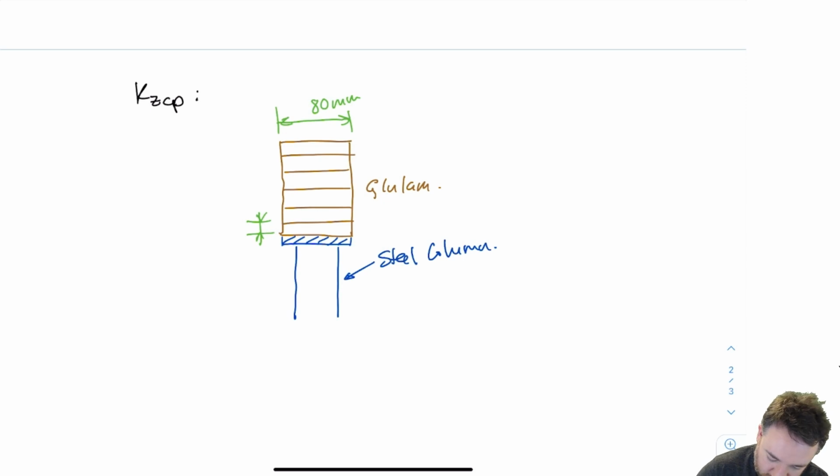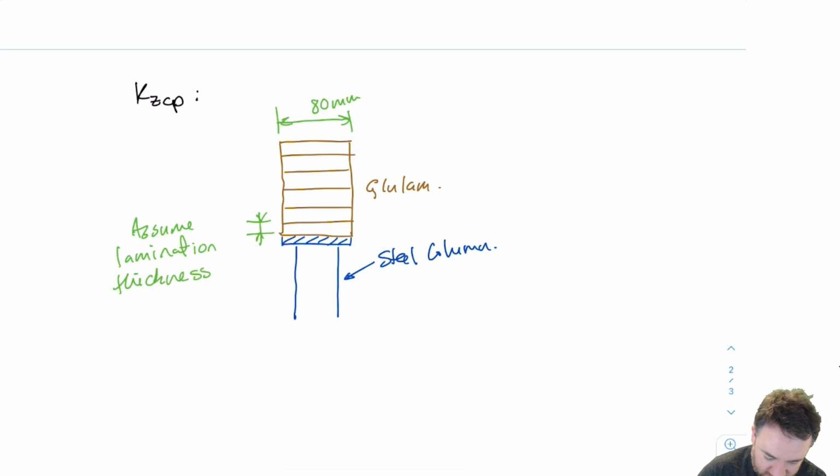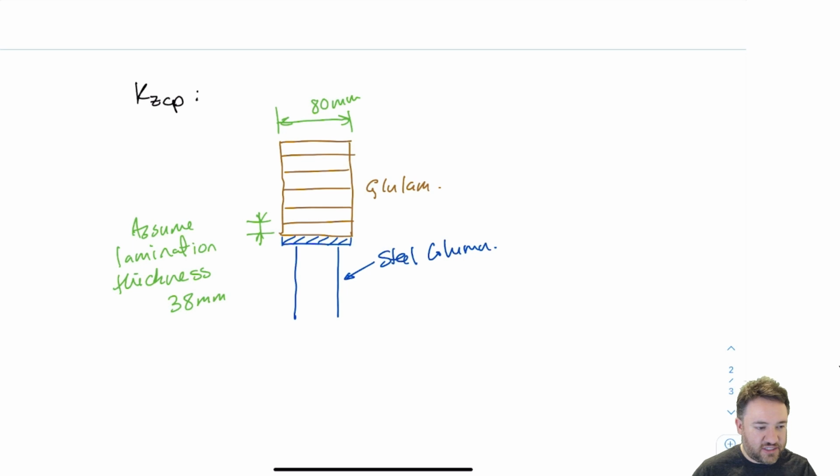So I'm going to assume, and this is an assumption we will continue to make, and it's not always the case, but in the absence here of actual data about exactly what the lamination sizes are, we will assume that the lamination thickness is 38 millimeters, which is the same thickness as a 2x, right? It's like 1.5 inches.